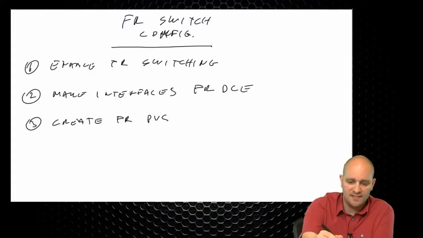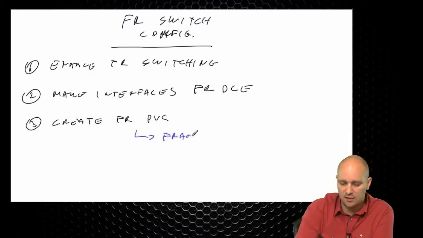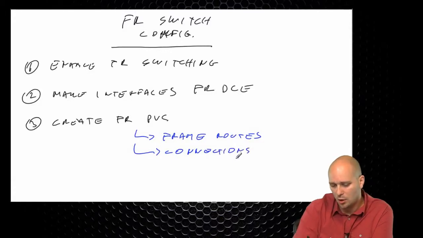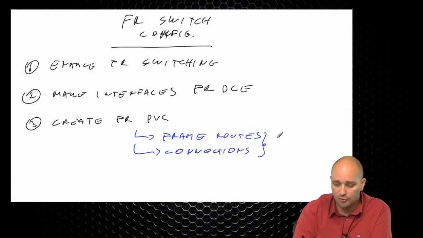Now, I call them PVCs because there are actually 2 ways to do that. One is using so-called frame routes, and the other way of doing it is using connections. I will show you both of these. So these are pretty much the same.